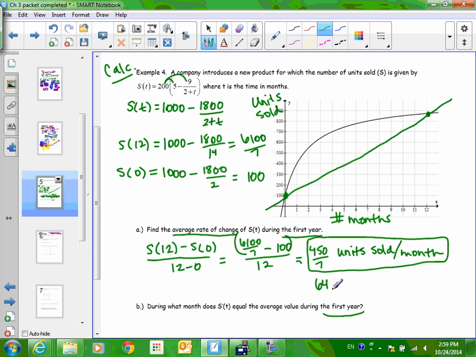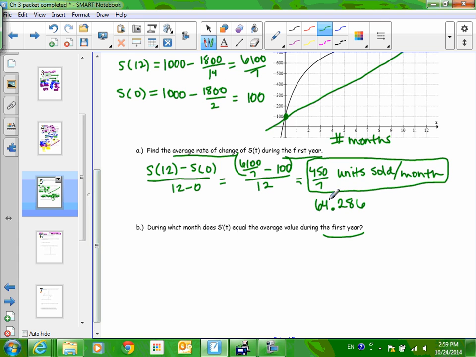Or maybe if this was multiple choice, you would have to write a decimal. Did anybody plug it in? It's 64 point something, 286. Be accurate to 3 decimal places if you are going to round your final answer. We're going to use this number in a minute, and I definitely don't want to use the rounded decimal. So 450 over 7 is much more useful to me. That is the slope of the green line that I just drew.